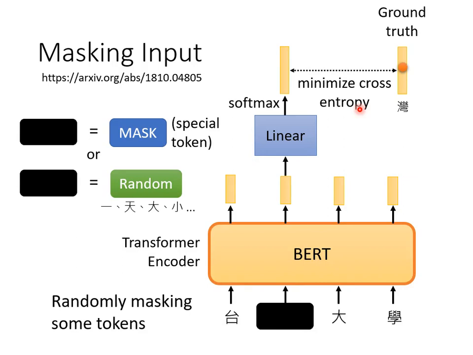That makes it a 4,000-class classification problem. Now, what BERT has to do is predict what is masked successfully. The masked character, wan, belongs to the class wan. During training, we add a linear model after BERT and train them both together. So, inside BERT is an encoder of a transformer, which has a bunch of parameters.